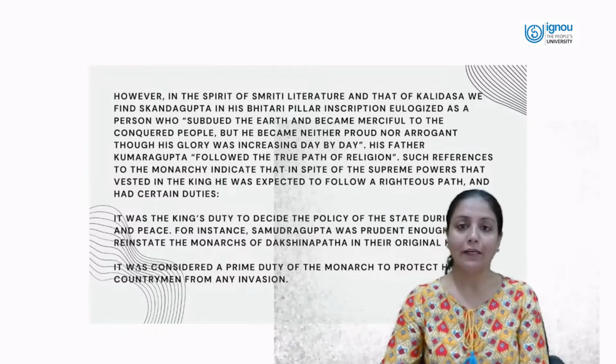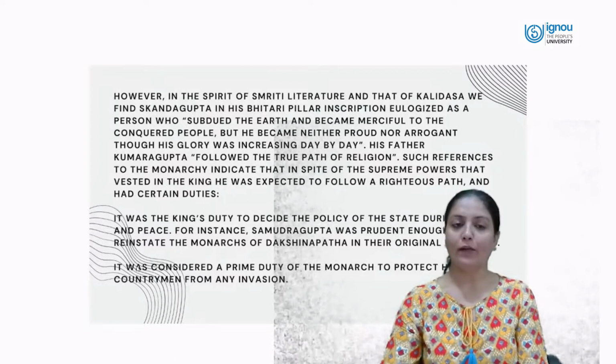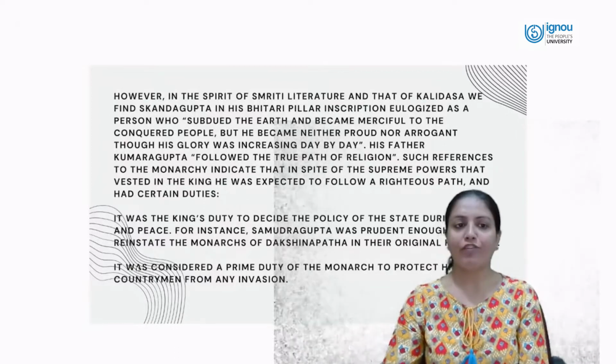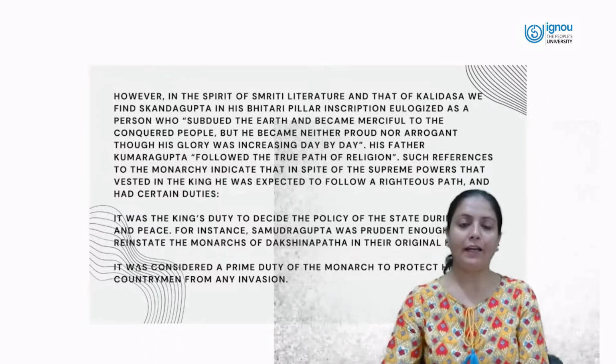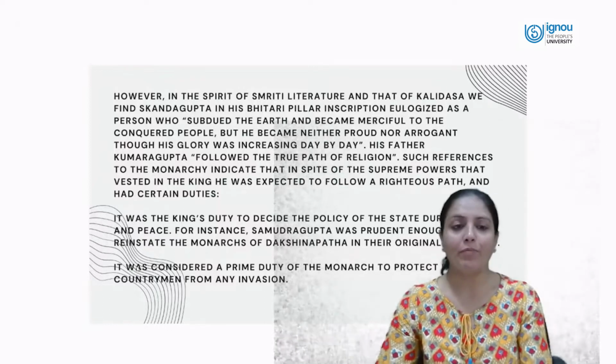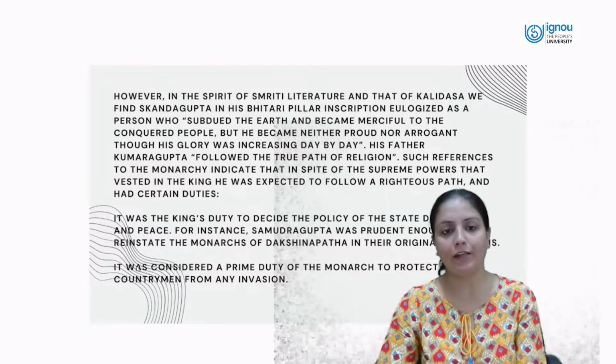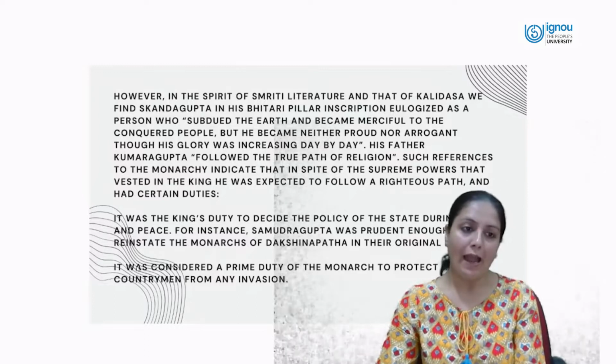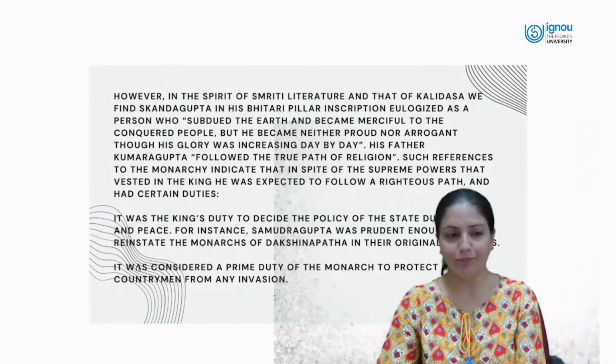His father Kumaragupta followed the true path of religion. Such references indicate that, in spite of the supreme powers vested in the king, he was expected to follow a righteous path and had certain duties.